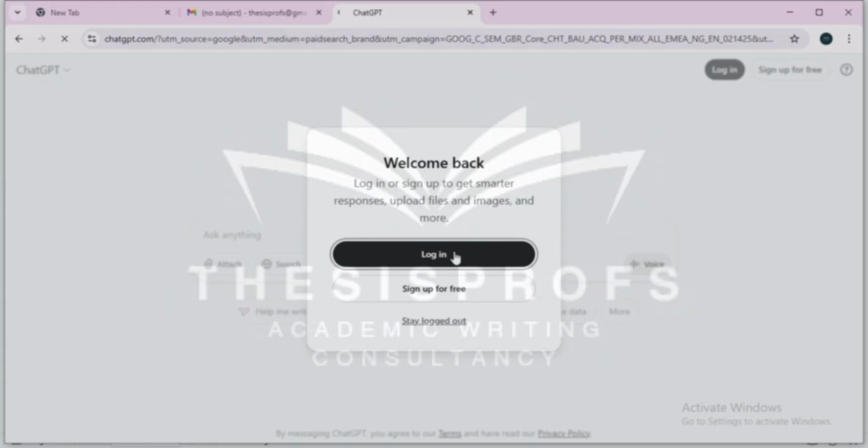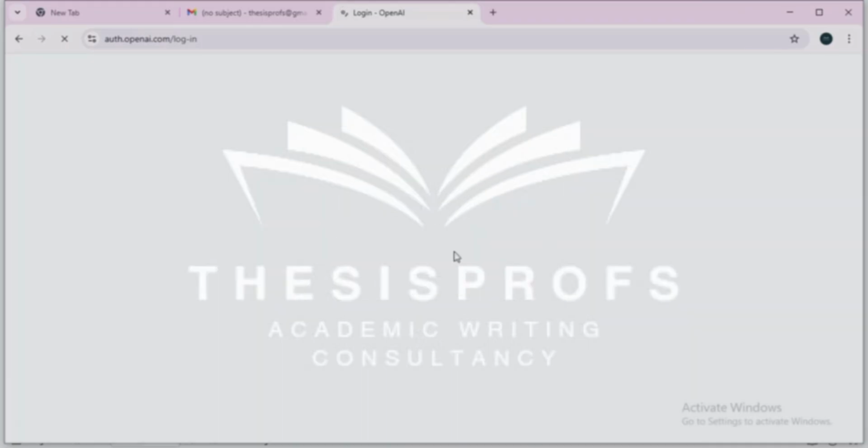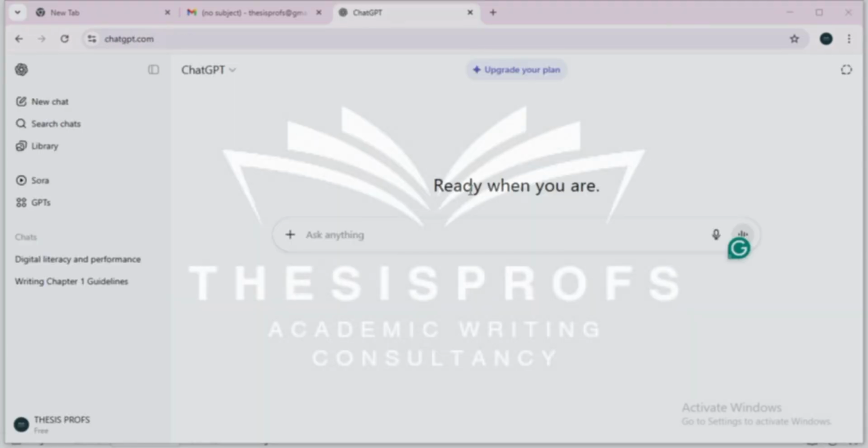It's a very simple process. It doesn't take a lot of time. It will just require you to put in your email and then your password, and automatically it logs you in. So here is my ChatGPT.